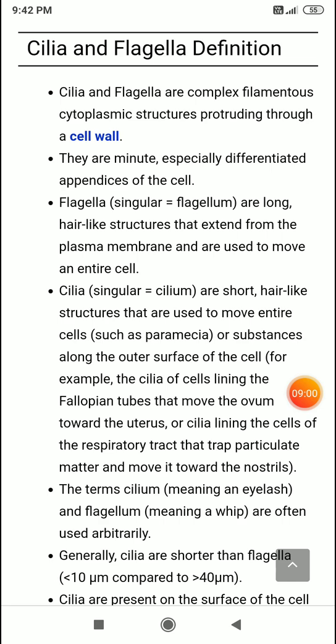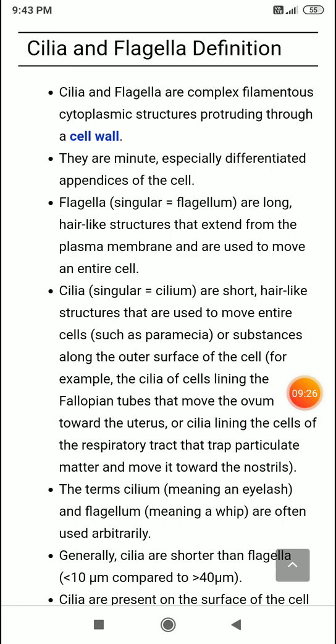that extends from the plasma membrane and is used to move an entire cell. Cilium is a short hair-like structure used to move entire cells, such as paramecia, or substances along the outer surface of the cell.